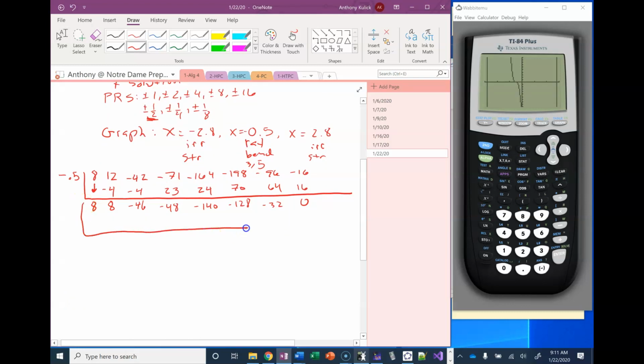If I didn't get a remainder of 0 here, it's likely I made some kind of arithmetic mistake when I did my synthetic division, because I know that this is rational, and I know it should work 3 times. If it didn't, there's nothing else for me to do. I have big problems then. So I'm going to continue and do another synthetic division.